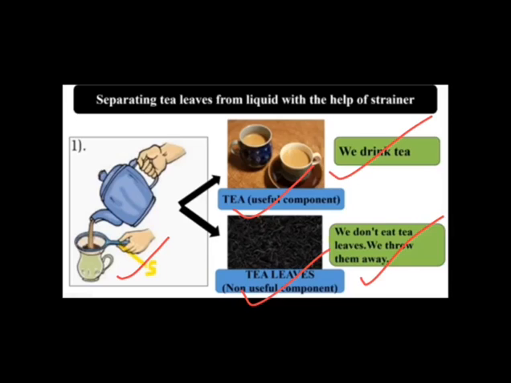This is the first example. Here the useful component is tea and the non-useful component is tea leaves. Right, so you have understood this. Now we will look at some more examples.